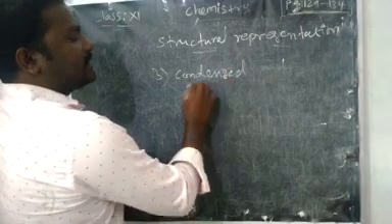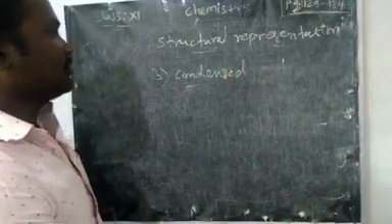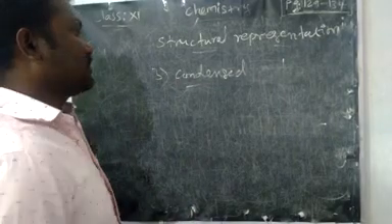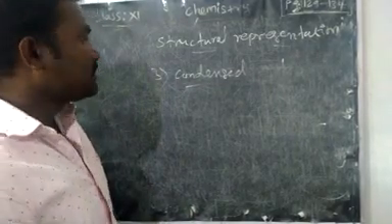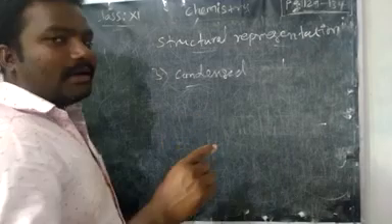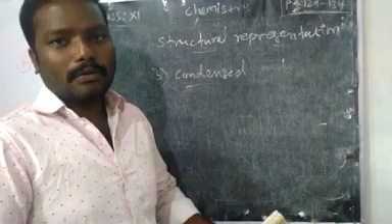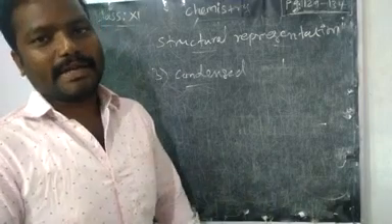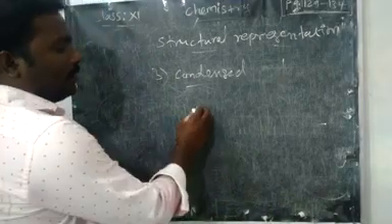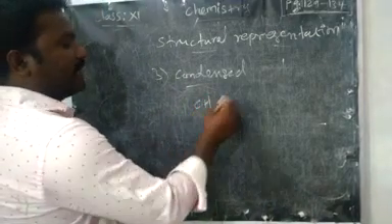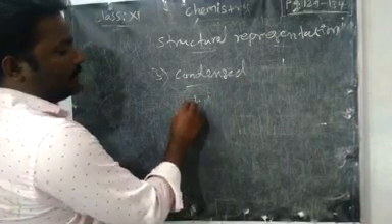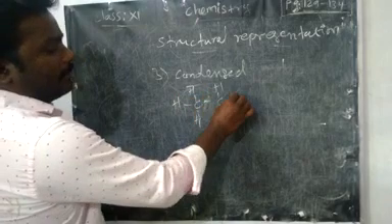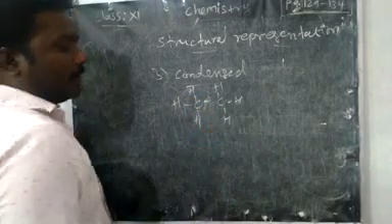See, condensed structure is also very important, because we will use condensed structures the most. We will omit all the bonds, and some other bond if you want between the carbons we will write. As usual, we will write ethane, right? How will you write ethane in the bond line structure?